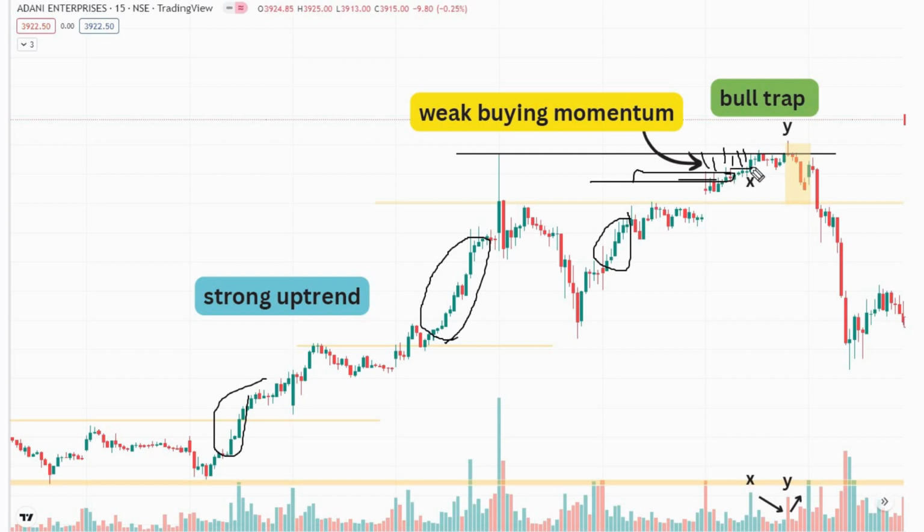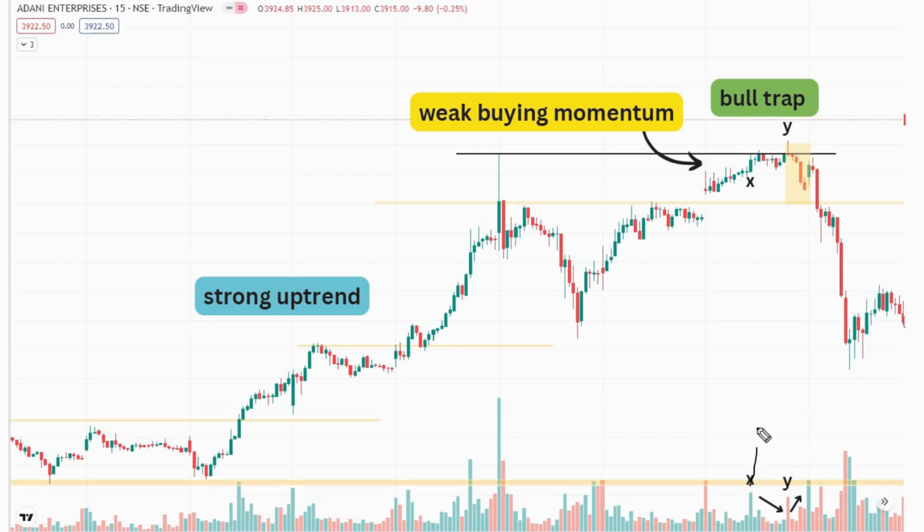But what we are witnessing, look at the buying here and look at the volume and look at the size of the candles. It is indicating that buyers are not that much interested in buying at this prices. That's why we are seeing very very weak buying momentum. Okay, so this is another point.